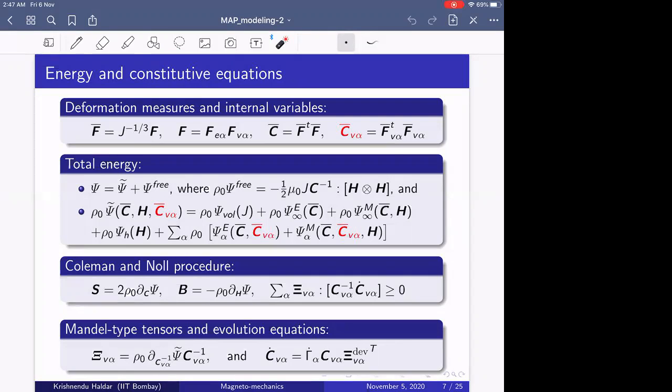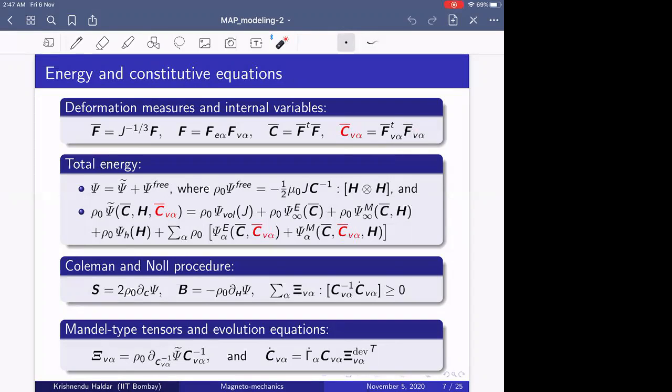And then you define your left Cauchy-Green deformation tensor, C bar, with F bar, and you identify one of your internal variables.